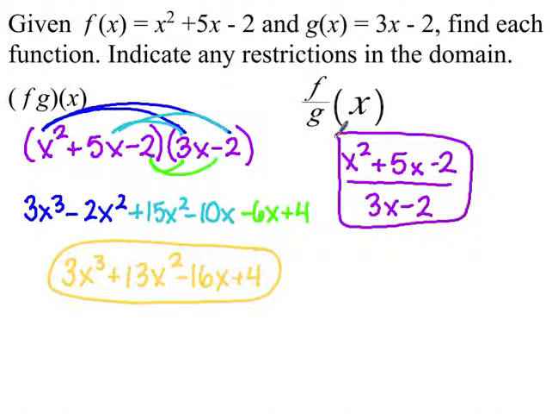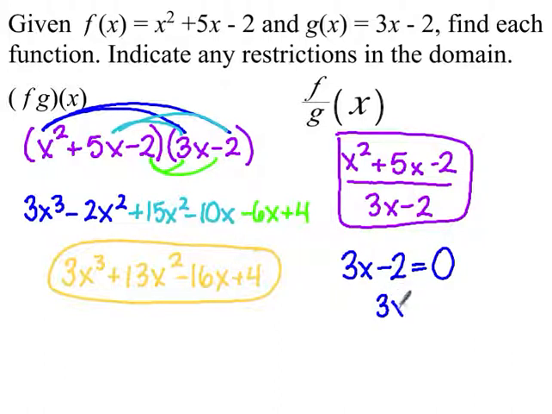But we've got one thing we've got to find, and that's where the denominator equals 0. So is that the answer? Almost. We've got to find where the denominator equals 0. And so basically what you're going to do is take that denominator, set it equal to 0, and solve. Okay?